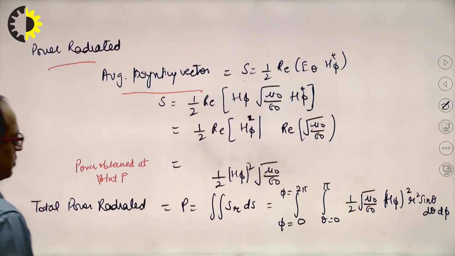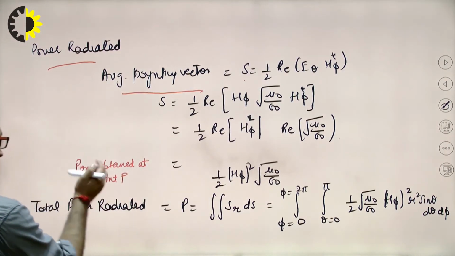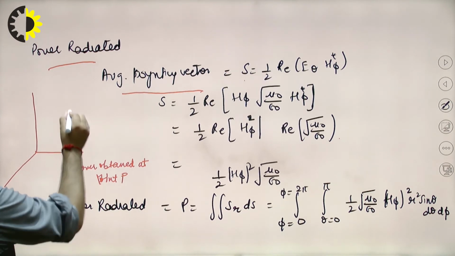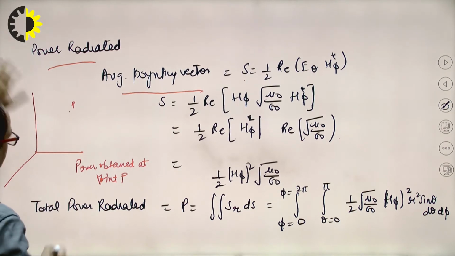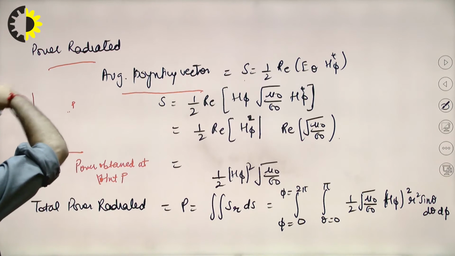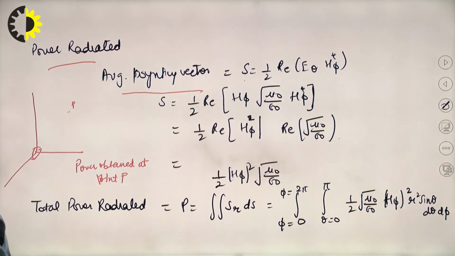Now what will be the total power radiated? If I integrate the power obtained at point P over a whole sphere, then you will get the total power radiated by the dipole. Clear?